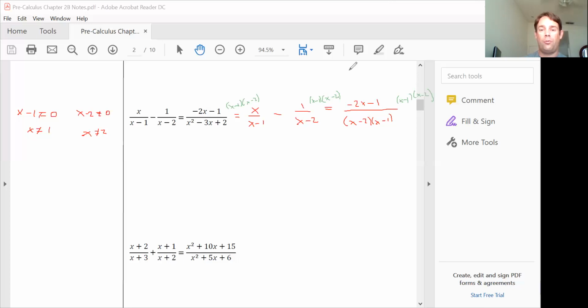And we're going to now cross off whatever factors are the same. So x minus 1, I have that one right here, so those are gone. x minus 2 is going to go away. And notice this one already had both of them, so I'm going to get rid of those as well.